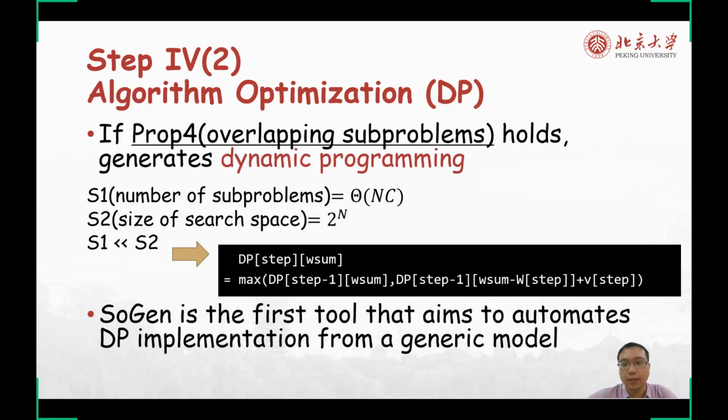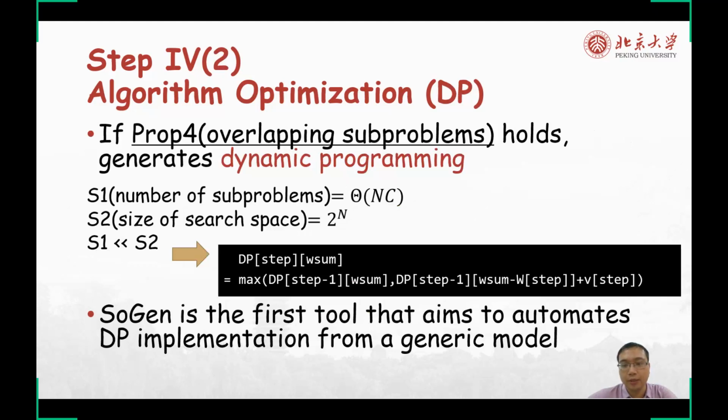SoGen also automates dynamic programming when Prop 4, overlapping subproblems, holds. In 01 knapsack, Prop 4 holds because the number of subproblems is far less than the size of the search space. Then SoGen conducts DP in a top-down manner and calculates the optimal solution effectively.